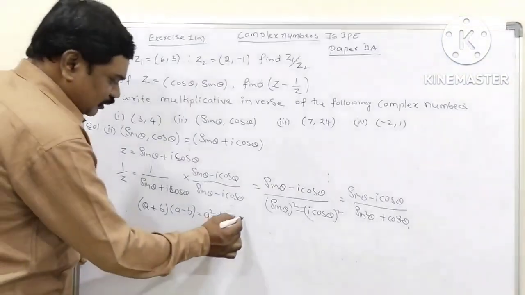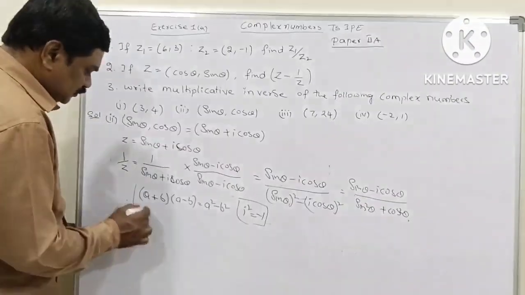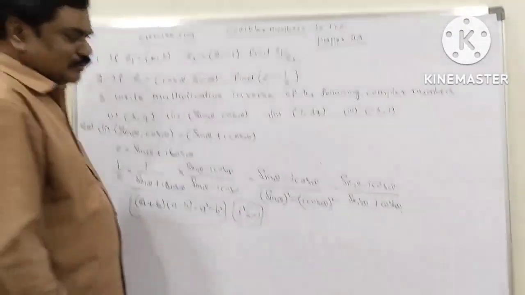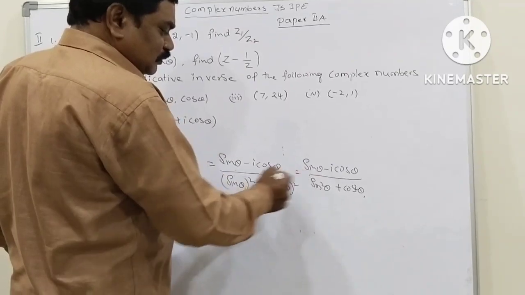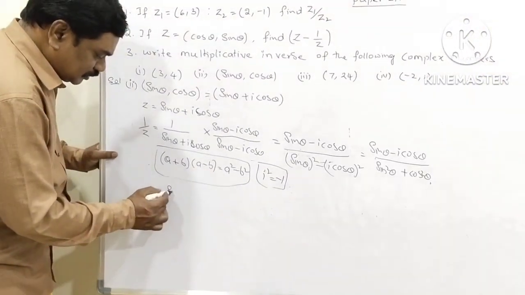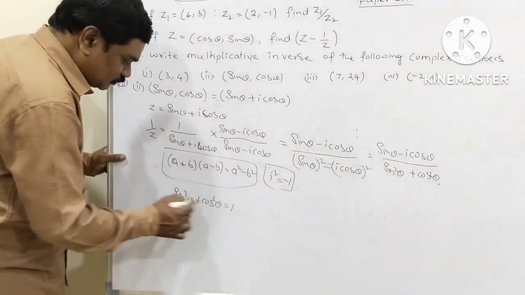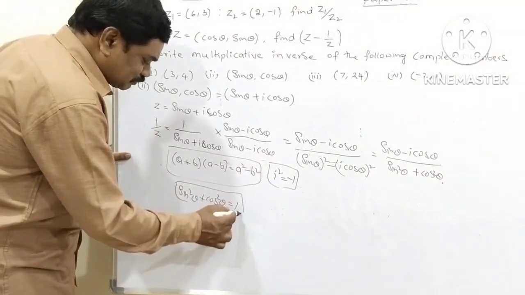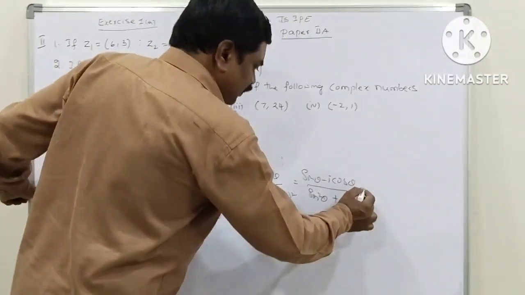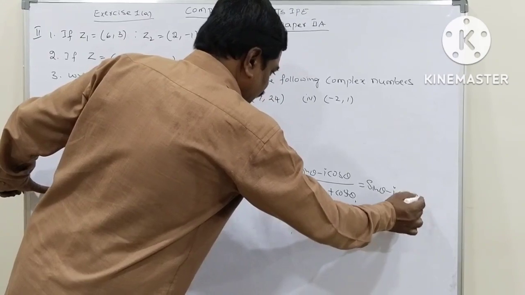Where i square, iota square, is equal to minus 1, and (a plus b) into (a minus b) is equal to a square minus b square. And also we know that sin square theta plus cos square theta is equal to 1. This is the first trigonometric identity.